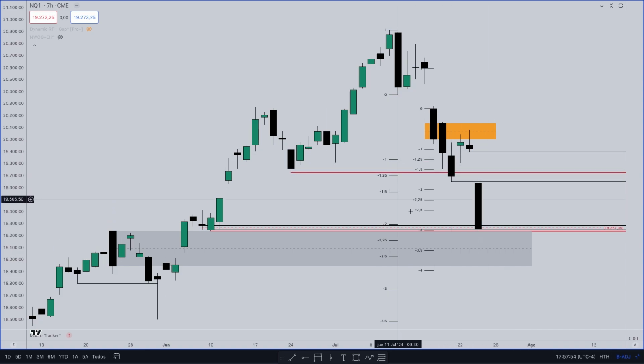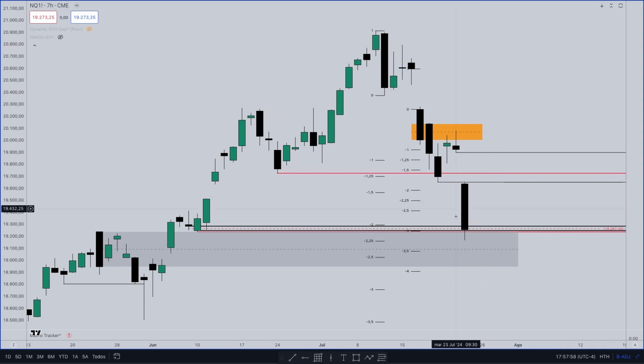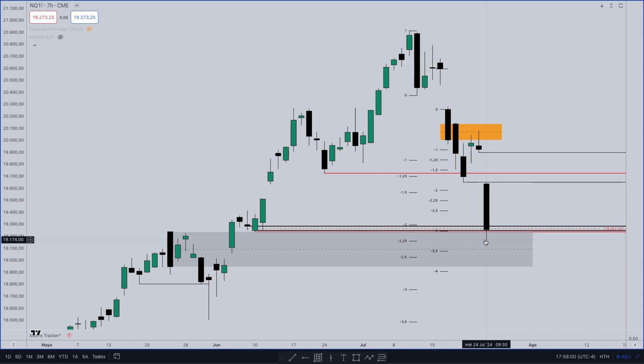So maybe we are going to come back, or maybe we can just take this. This could be a scenario. We can take this low again and touch this volume, this gap here, and this breaker, the 50%.